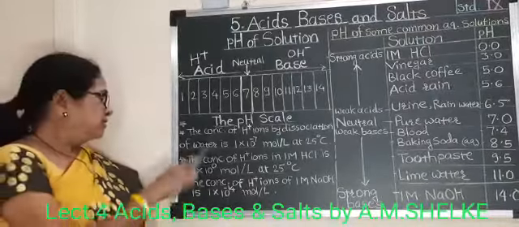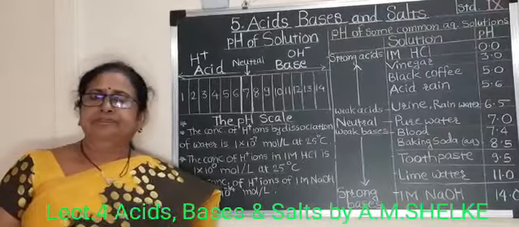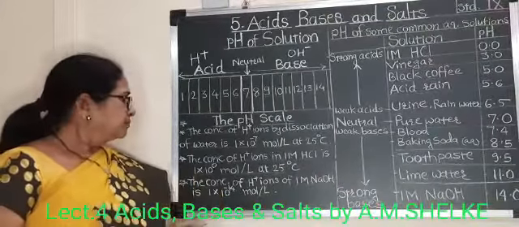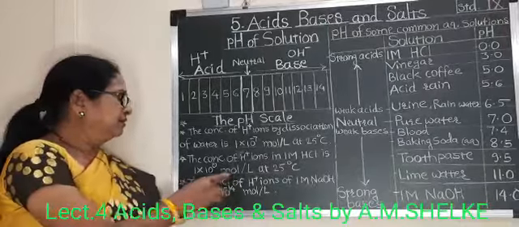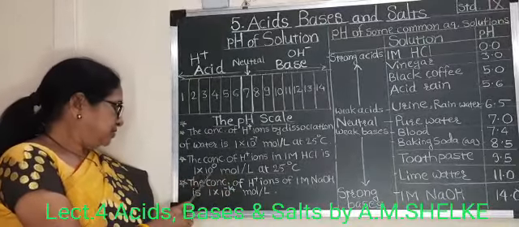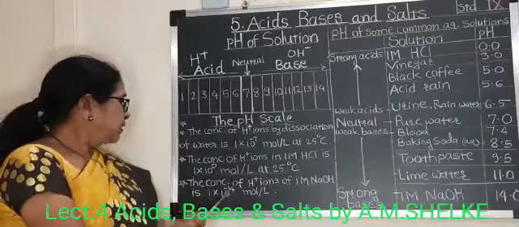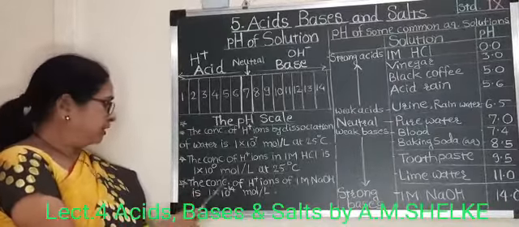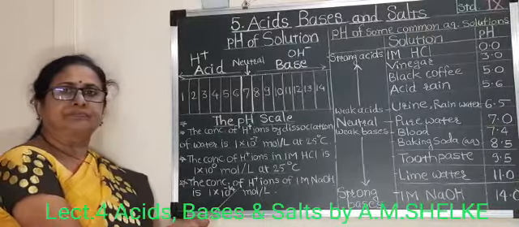Thus, from this data, we see that common aqueous solutions have hydrogen ion concentration ranging from 10 raised to 0 to 10 raised to minus 14.